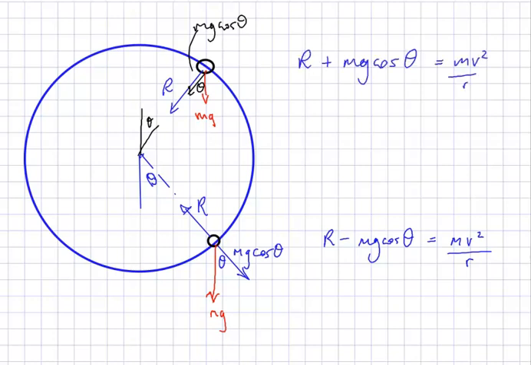Now, just be aware that if you're just wanting an expression to describe any scenario, go with the first one I wrote out, because if you're wanting to start from the absolute, for all scenarios, you think of your angle being in that direction, which is greater than 90. And the cosine of an angle between 90 and 180 is going to be negative, so it will work itself out.